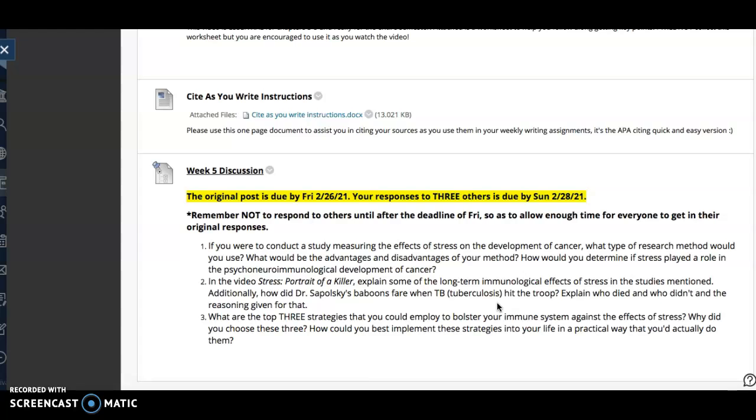And then additionally, how did Dr. Sapolsky's baboons that he was studying fare when tuberculosis hit the troop? You'll want to get to that part in the video where he's talking about his baboons that he'd been studying for decades all getting TB. They ate some tainted meat that was at a nearby tourist location, and the whole troop got hit with TB, and some of the baboons made it, and some of them died.